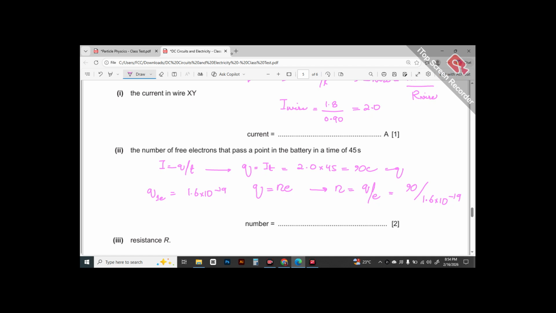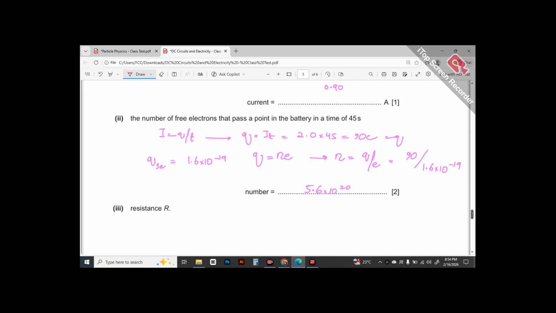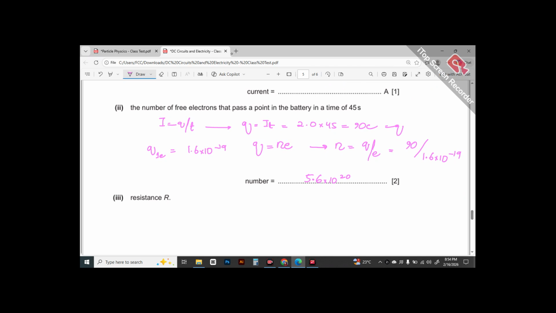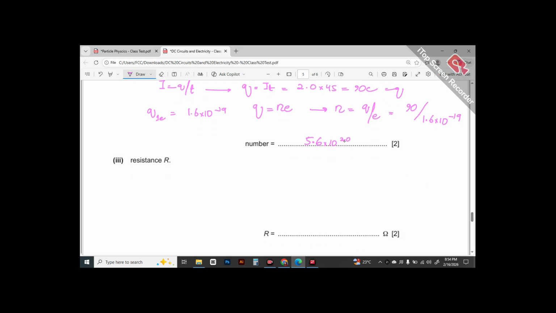So you divide these two values, 90 over 1.6 exponent minus 19 gives us 5.6 exponent 20. And I'm surprised one student had calculated an answer which was 0.25. How is it possible that 0.25 electron is passing in 45 seconds? The answer has to be a huge value, and that is what it is.